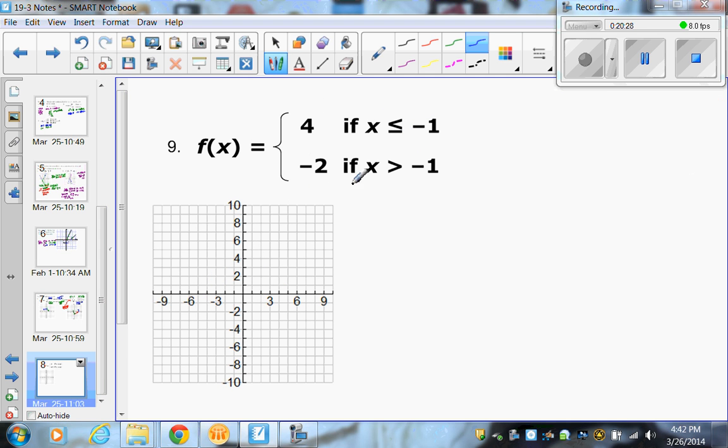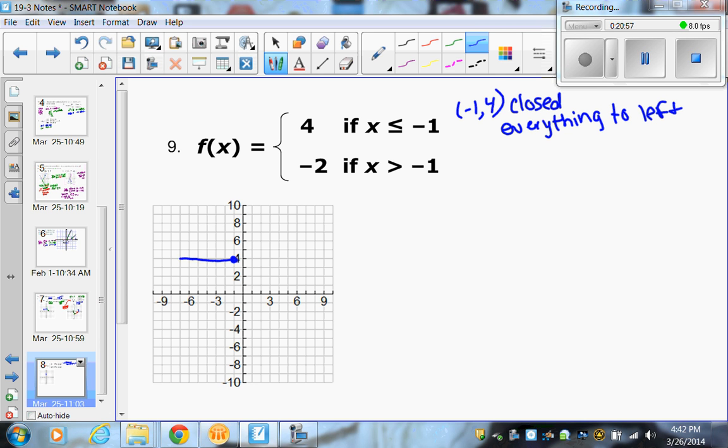One more. This is a step function, so this is probably the easiest of all piecewise functions. So if I plug in -1, I'm still going to get out 4, and it's going to be a closed hole here because it's equal. And less than here means everything to the left. So at (-1, 4), I'm going to have a closed hole, and then everything to the left on 4 would be part of that graph.